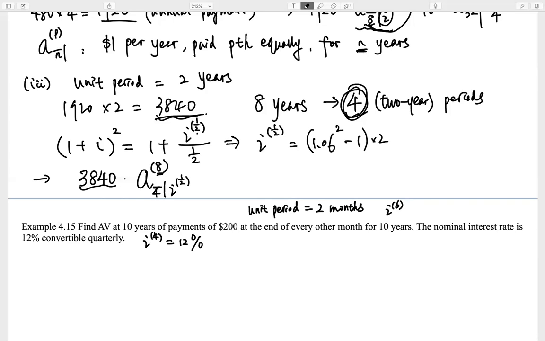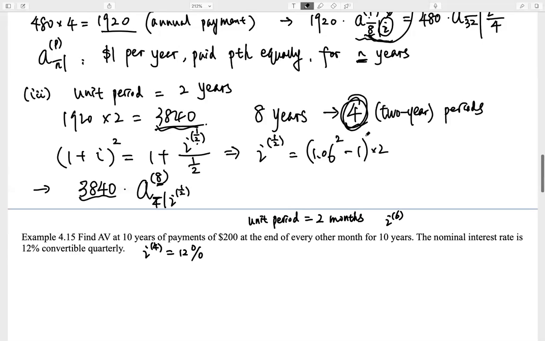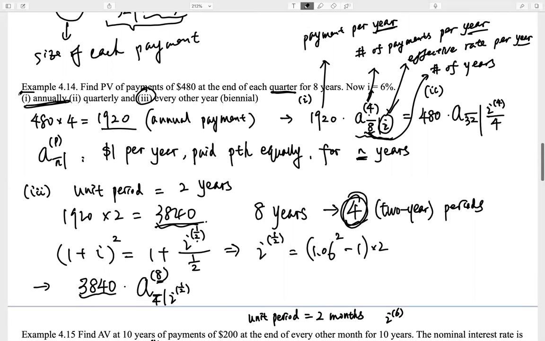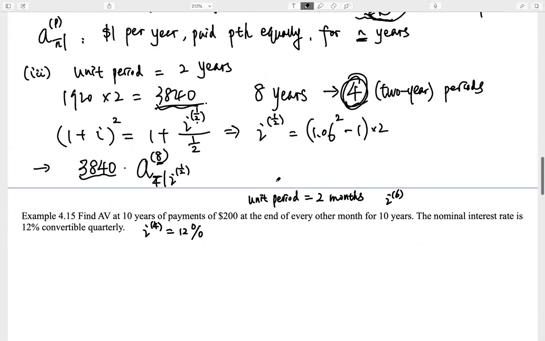There are a few things you can do. First, we can just apply the new notation. Actually, the default setup is this one. We assume we use the annual notation to denote everything.